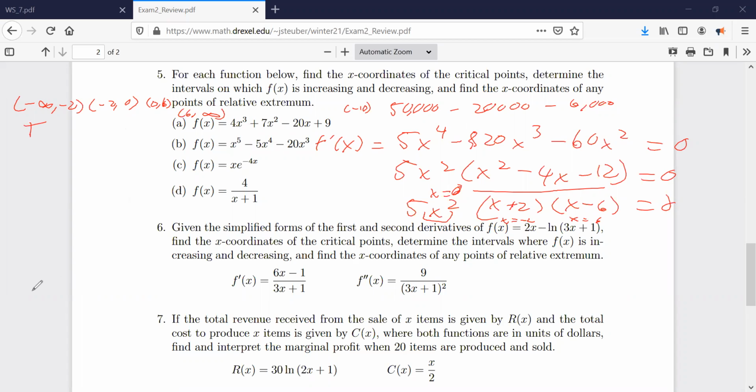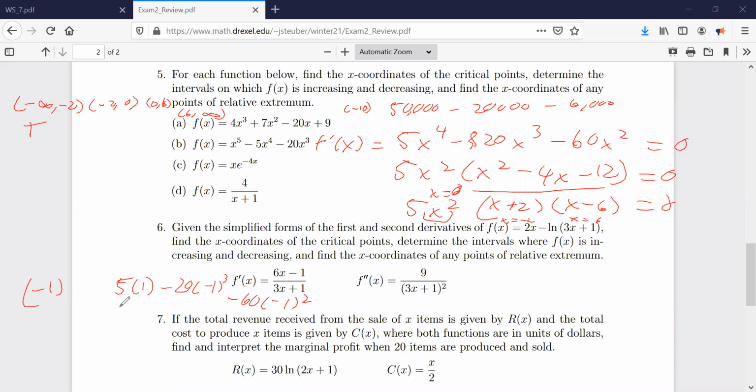So if I plug in -1 as a test point, then I would get 5 times 1. -1 to the 4th is positive 1. Minus 20 times -1 cubed, so that's positive. And then minus 60 times -1 squared.